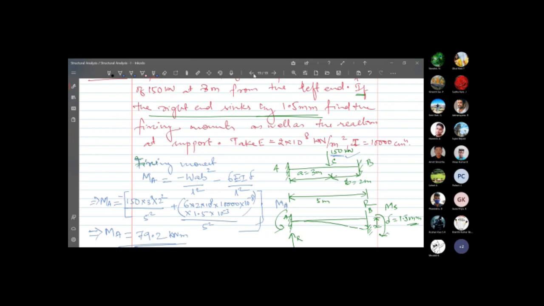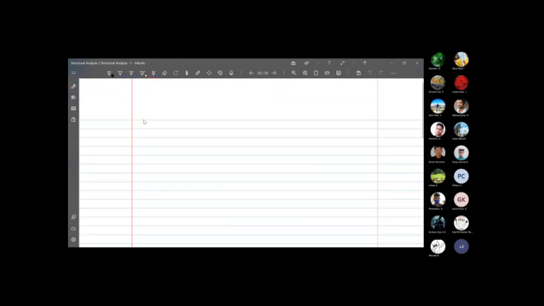Similarly we can find the value of MB. So MB equals to minus WA square B by L square plus 6 EI delta by L square. Now why is it plus? Because it is in the opposite direction.